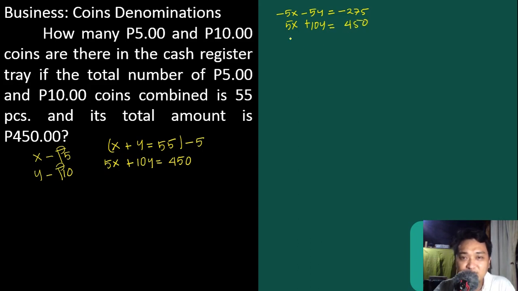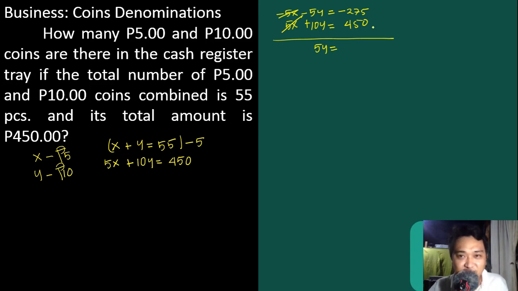Ayan. Now we could use elimination method to evaluate the value for y. So here we can cancel negative 5x and 5x because they are 0 whenever we add them. Dito naman, 10y minus 5y, that is 5y.